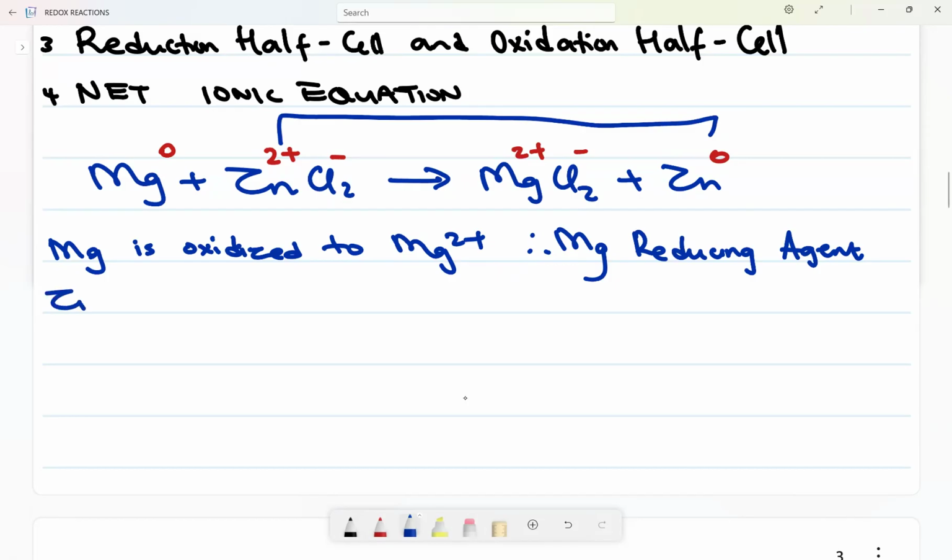So Zn2 plus is the one that is reduced to zinc. So if they were to ask you which substance is reduced, it is not zinc. It is zinc 2 plus. Why? Because the zinc 2 plus is the one that had a decrease in oxidation number to zinc. Guys, that should sink in.